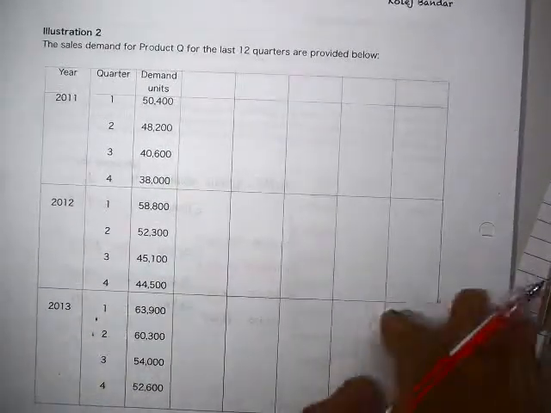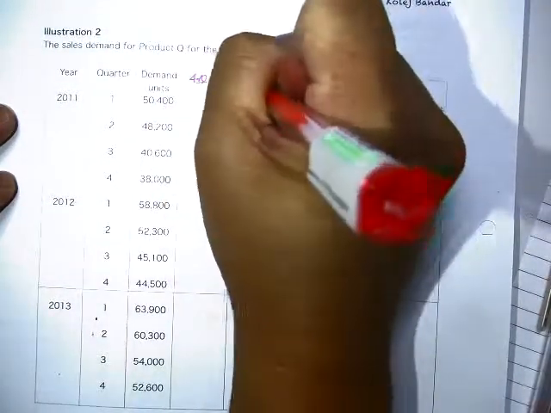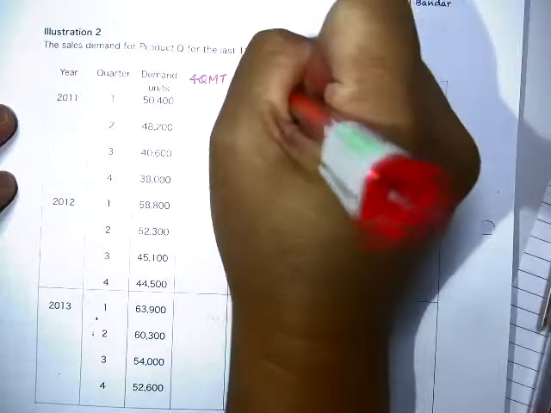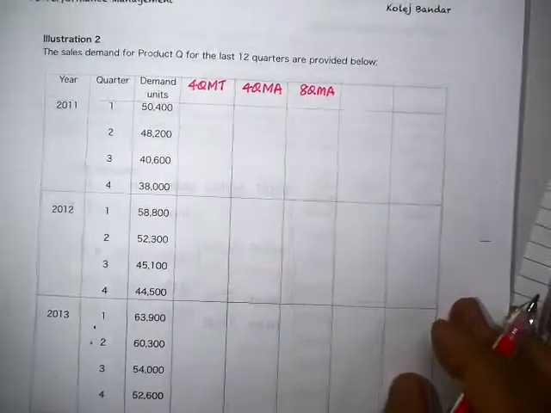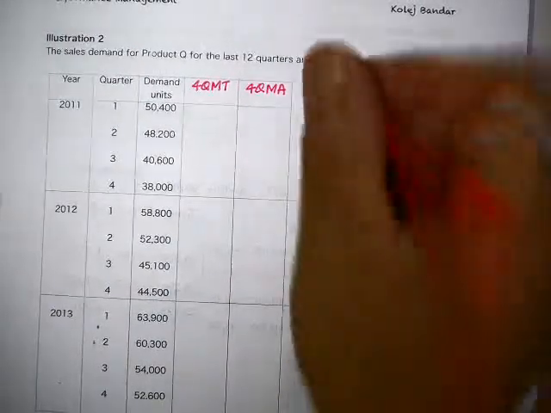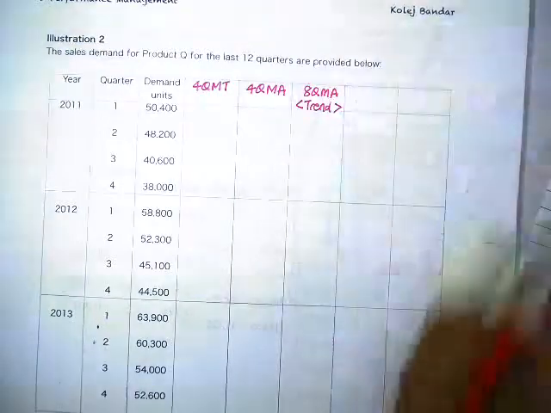So we start with the 4-quarter moving total. Then we find the 4-quarter moving average. Then we find the 8-quarter moving average, which will be the trend.